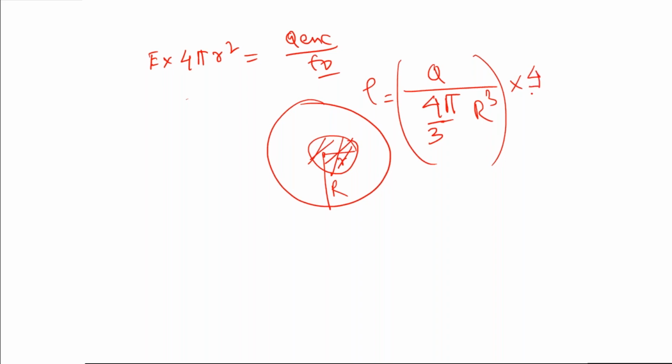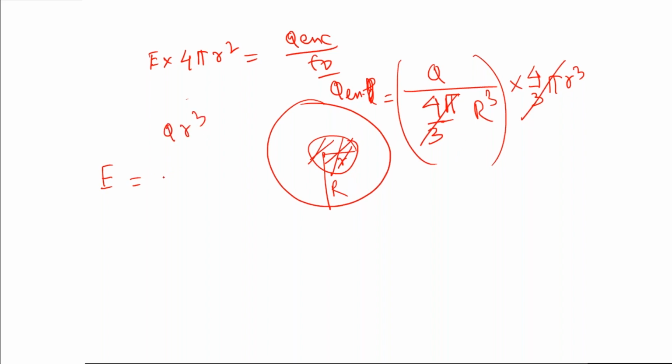I think everybody has answered that. The 4 pi will go off. This is Q into r cube by R cube, and on the left hand side I multiply 4 pi r square.